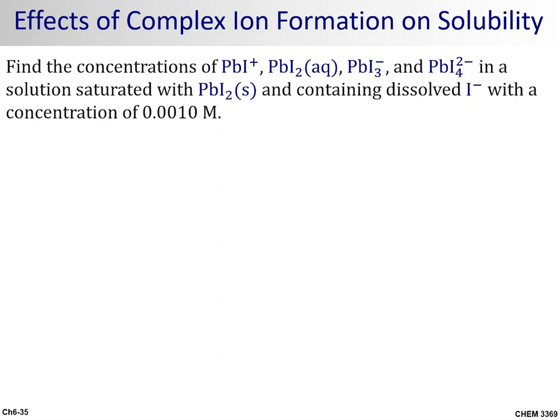Okay, so we have a solution that is saturated with PbI2. So this is a solution at equilibrium, and that solution contains dissolved I minus, but somehow we were able to calculate or measure the concentration of I minus.